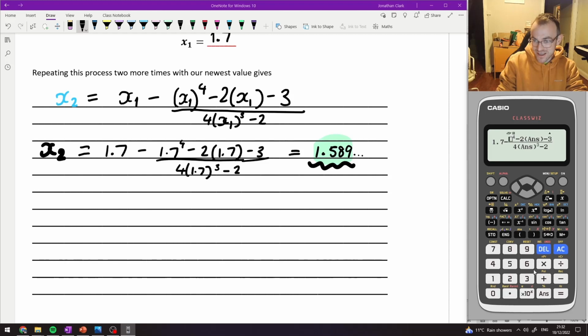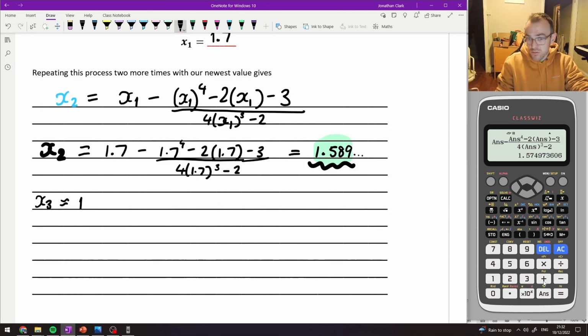So I don't have to continually retype. I can do something like this. Cool. So I can very quickly get the value for x3, 1.5749.